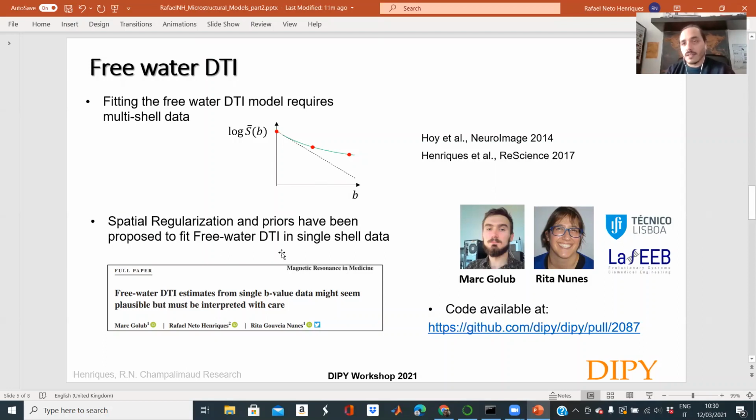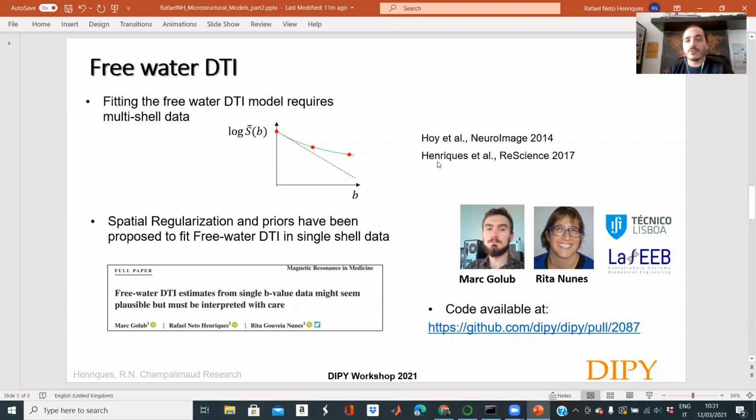We explored this together with Mark Ullum and Rita Nunes, and this code is available here. However, you should use this code with care, because it can provide some misleading information. But advice on this is reported in this manuscript.